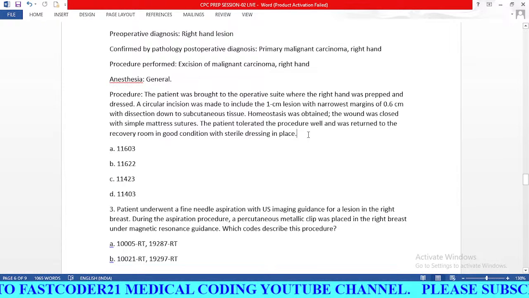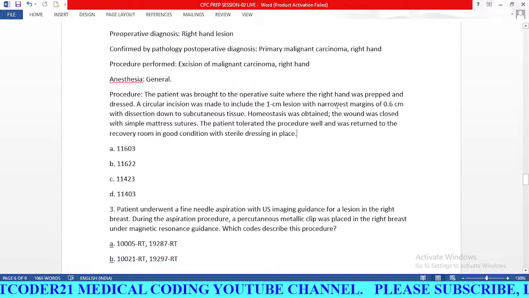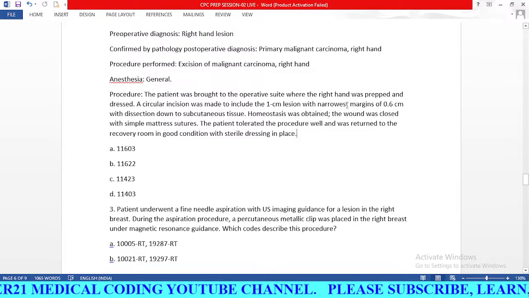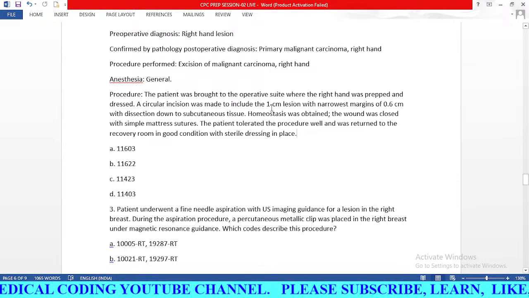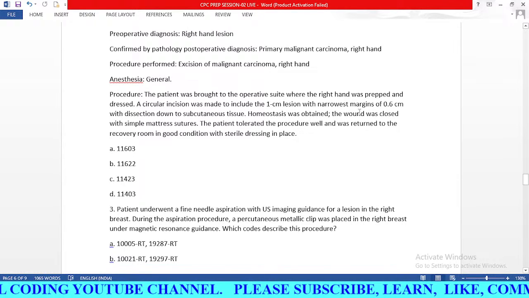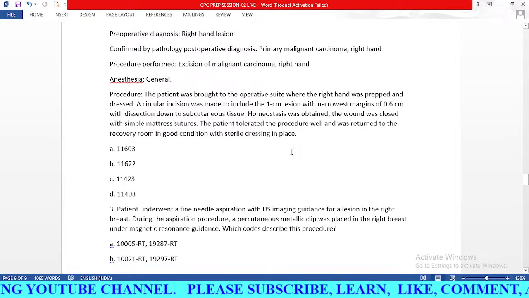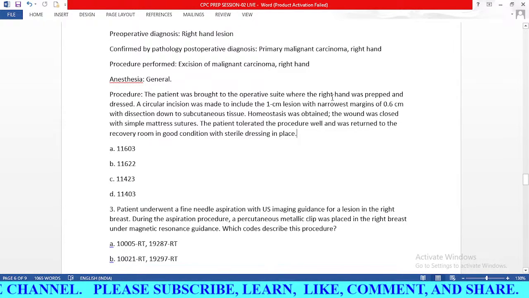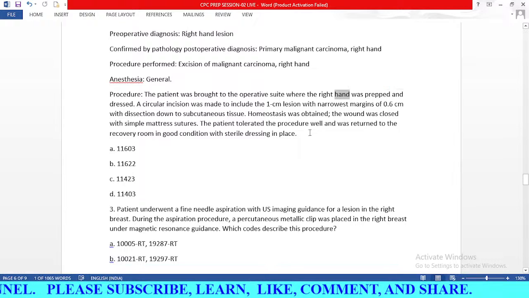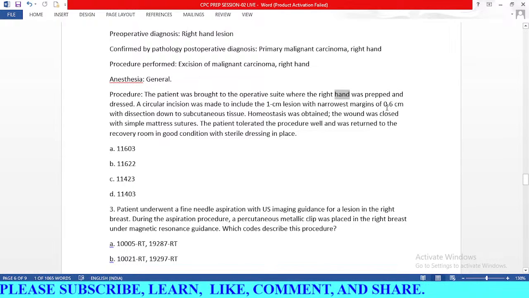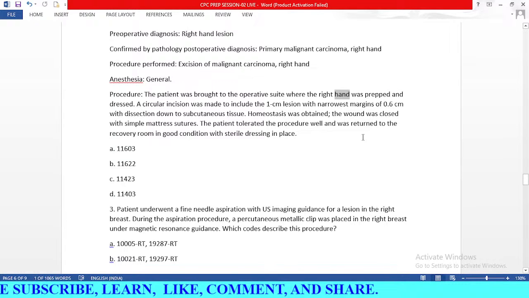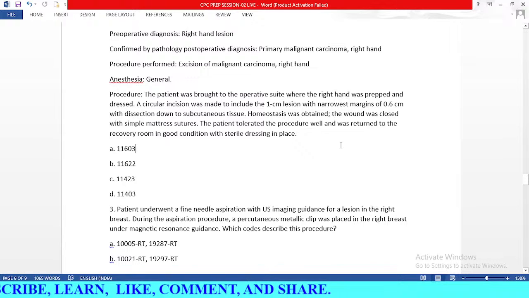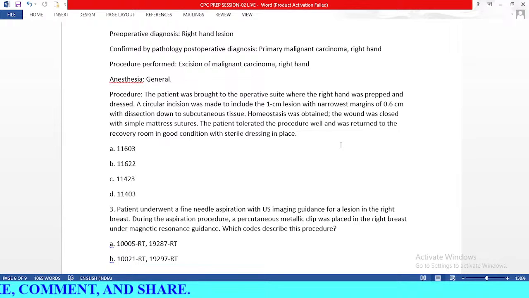That is not correct, because the margins are already mentioned. So now the total lesion size is 1.6 centimeters. Our location is hand and lesion size is 1.6 centimeters, and among these four you can check all these codes. Tell me the answer or write in the chat box.